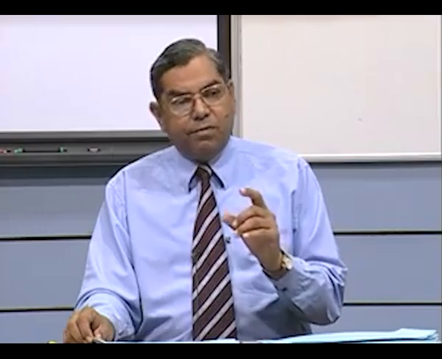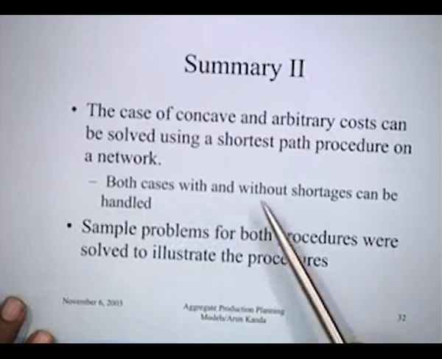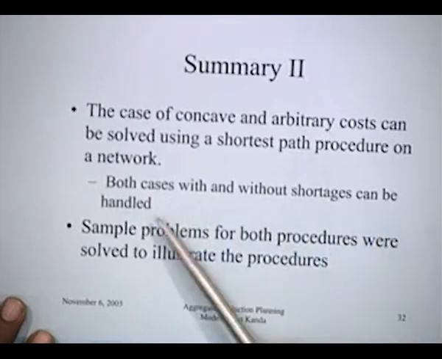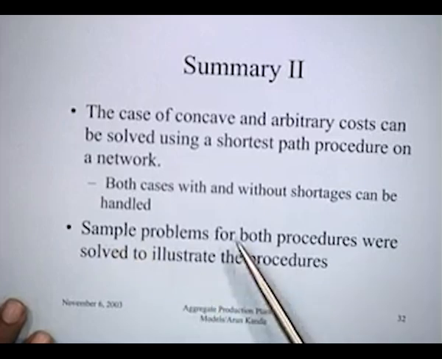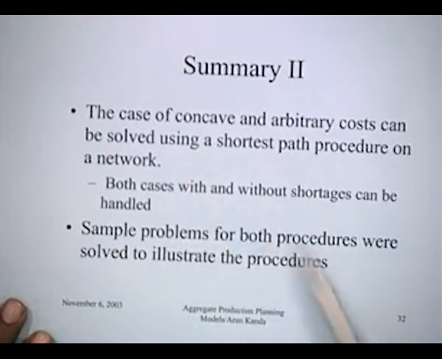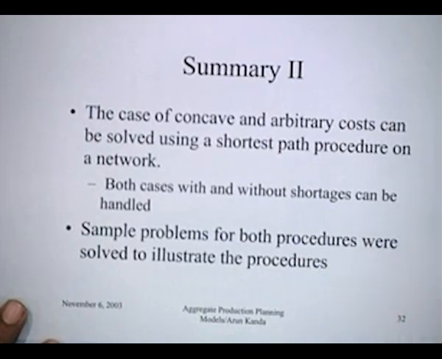All it involved was calculating the lengths of each arc and then determining the shortest path. Both cases, with and without shortages, can be handled in this particular situation. And sample problems for both these procedures were solved to actually illustrate the procedures. That's what we essentially do.